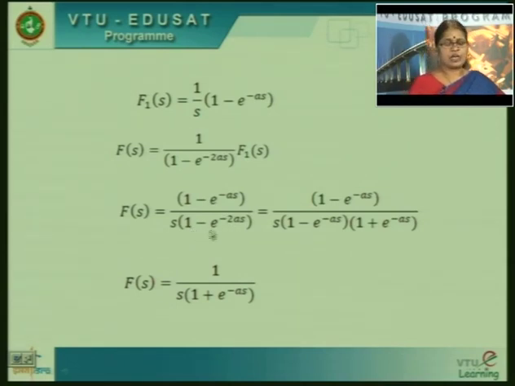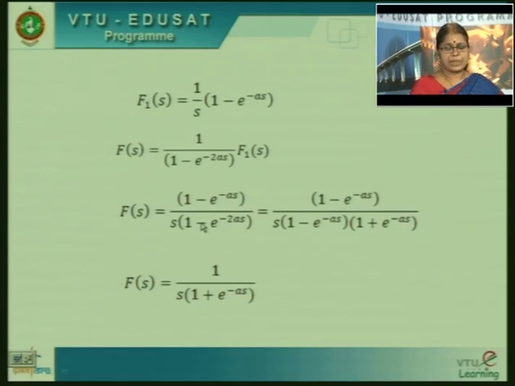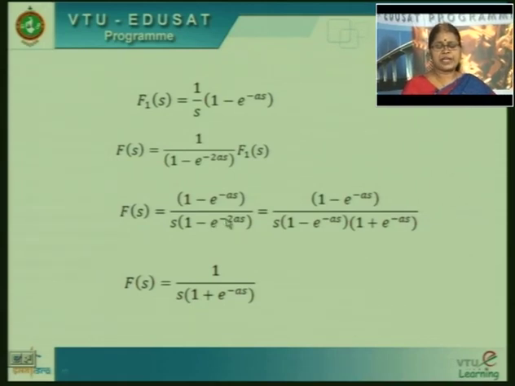This term 1 minus e power minus 2as can be realized as 1 square minus e power minus as whole square. So, I can split this term into two terms as 1 minus e power minus as into 1 plus e power minus as.